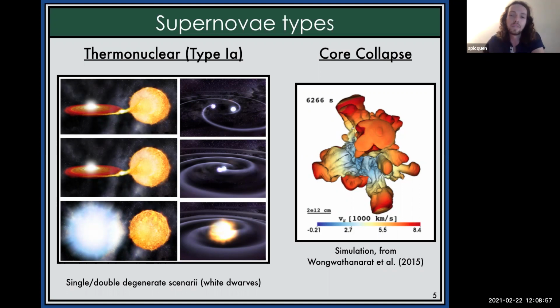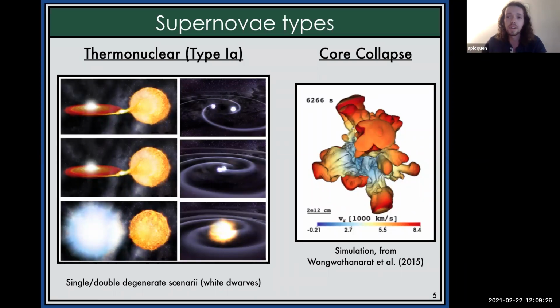So we have two main types of supernovae: the thermonuclear ones and the core collapse ones. The thermonuclear supernovae are white dwarfs that accrete too much matter and reach a certain mass limit, and then there is the ignition of a thermonuclear explosion.